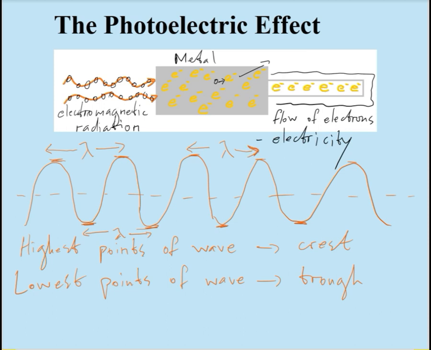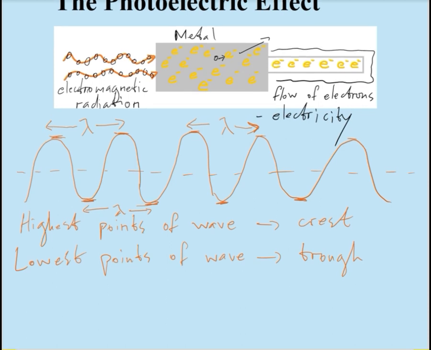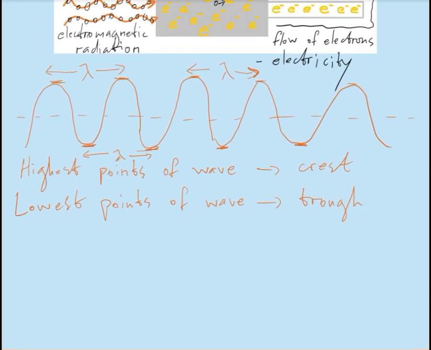Something else we want to know about waves: we spoke about wavelength, now there's also the wave height. This is the distance between the highest point and the lowest point. In general, half of that is the amplitude.